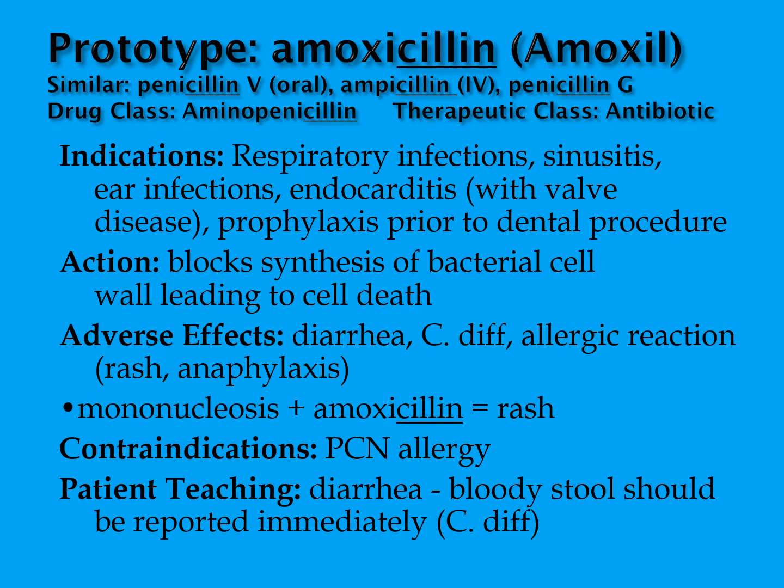So just monitoring for a rash, monitoring for any signs of anaphylaxis, which is a rash combined with either a respiratory issue or an airway issue or a cardiovascular issue or a gastrointestinal issue.